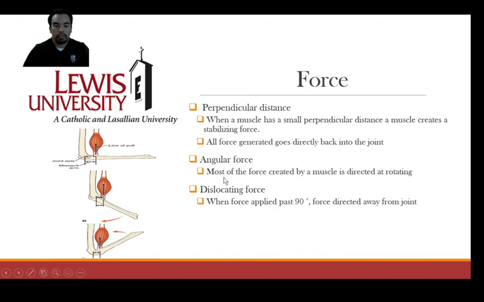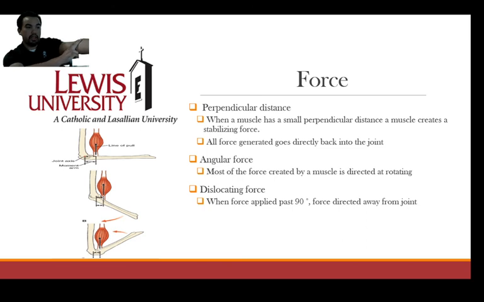The angular force is where most of the force created by a muscle is directed at rotating. It comes at a rotation, and it's worried about causing this rotation. That's what it tries to do. So as we dive into the anatomy of each muscle, you'll understand that the muscle is aligned how it is because it's trying to create a rotation, like the pronator and supinator of my elbow, which run like that, right?